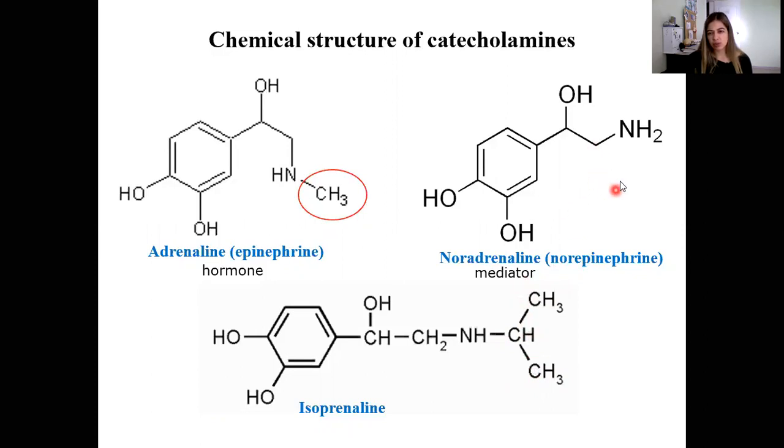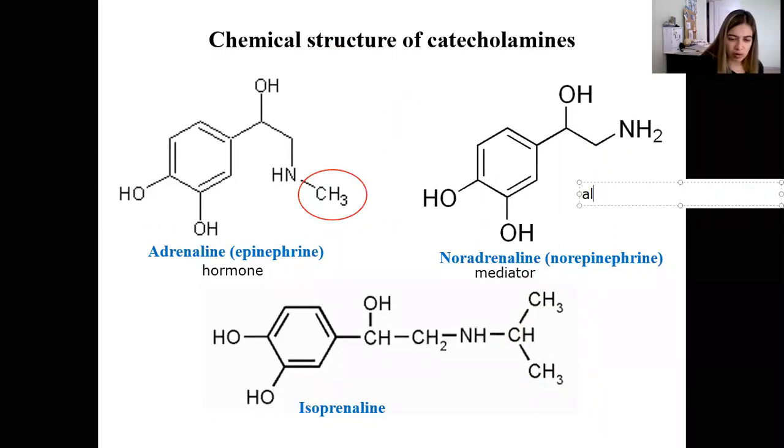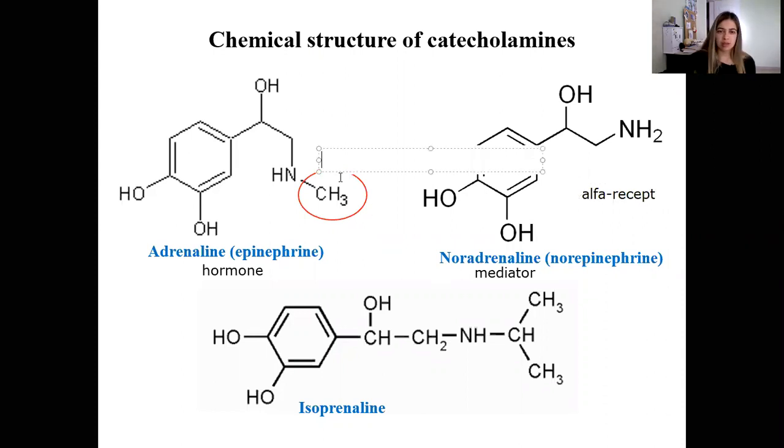The less, for example, here in noradrenaline, we don't have this radical, so it will have more affinity to alpha receptors. It will stimulate alpha receptors. In this case, there is a radical, but it is quite small, so it can affect alpha and beta.